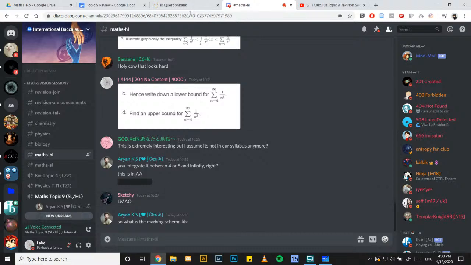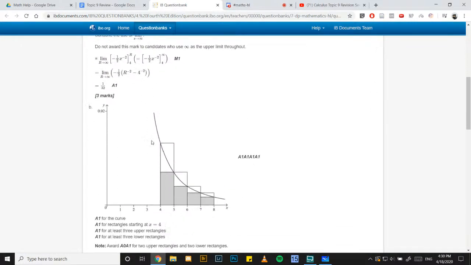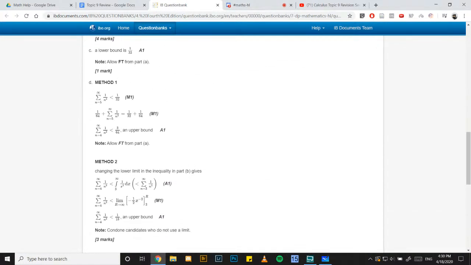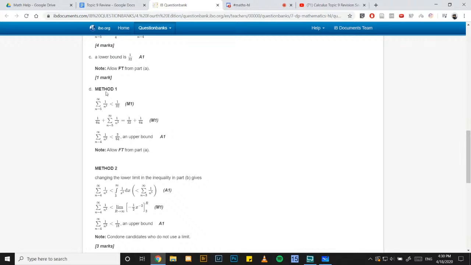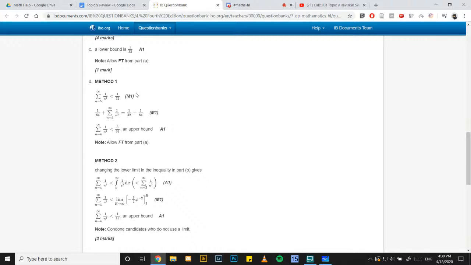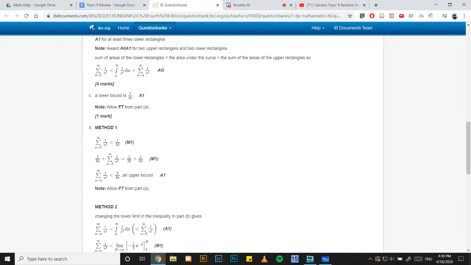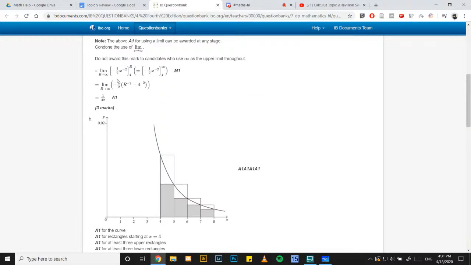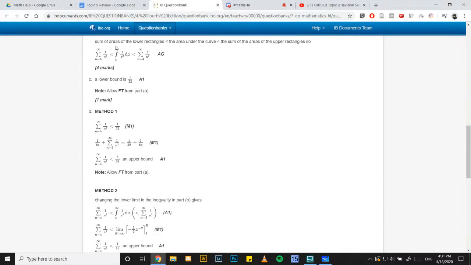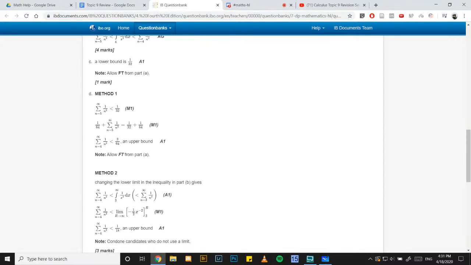Oh, here, I'll pop in and show you the marking scheme. I think the markers might have used something slightly different, but here, so that's what I do. So for C, lower bound is 1 over 32, you just get that one part, just A1, that's it. And I think this is error carried forward, a forward error from part A. So if you messed up part A and messed up the integration, and you put exactly what part A was, you'll get a mark for it anyways.